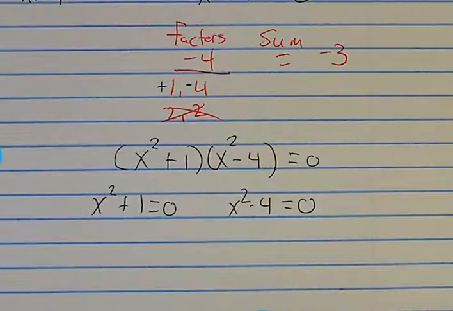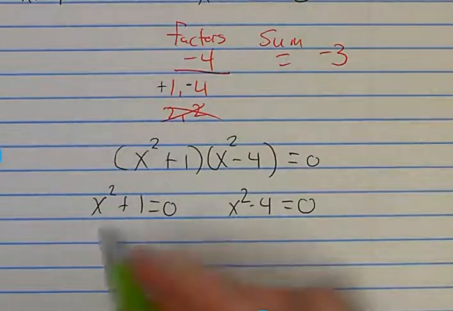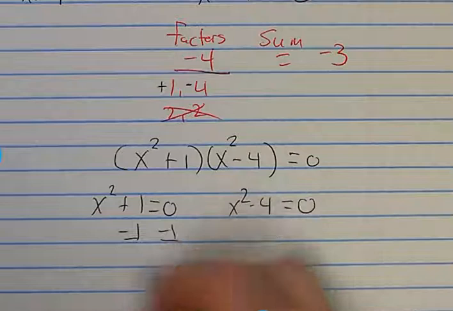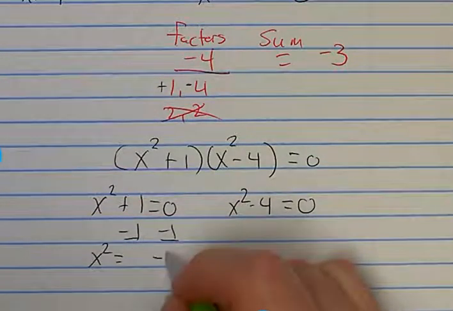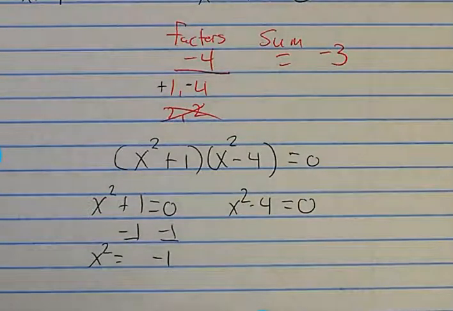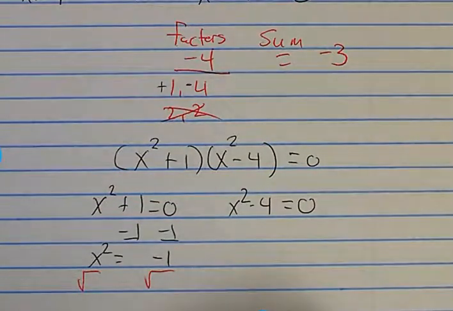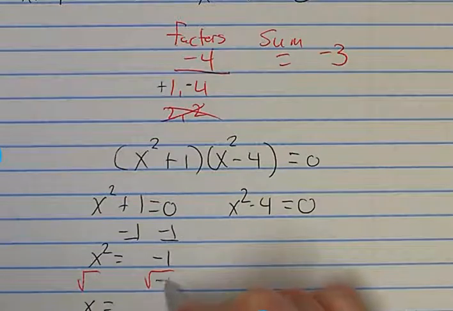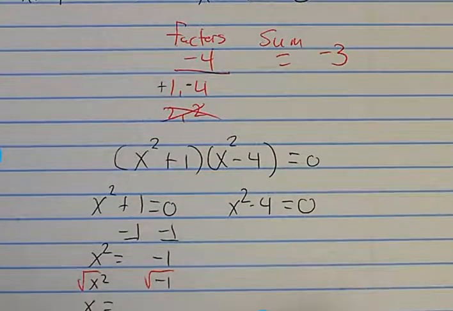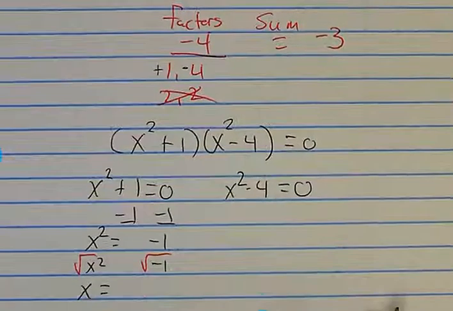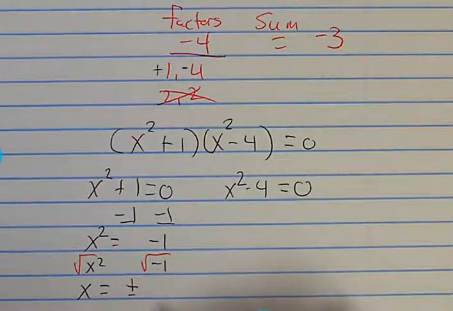And now we're back to square root property, right? Get the x squared by itself. And then square root both sides. But when we square root a -1, yes, plus or minus 1i, or just put plus or minus i.